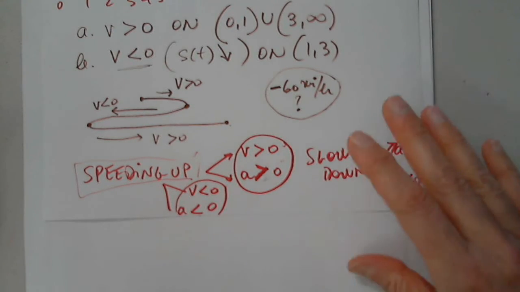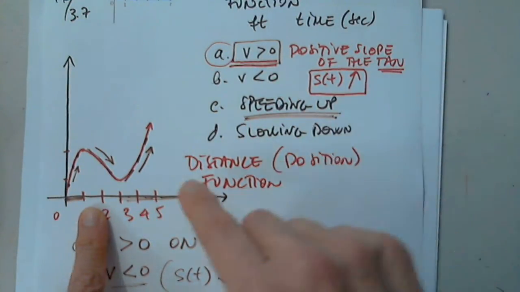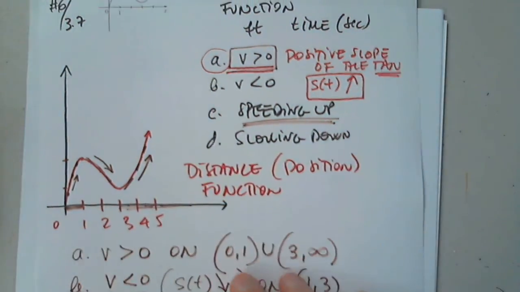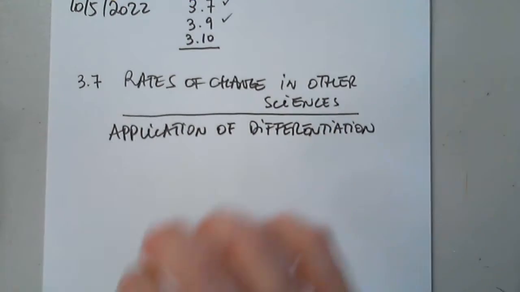Okay, so I'm going to copy this graph because I want to answer these two questions, but I don't want to put more stuff on this. So I'm going to copy the graph right here, and this is another graph that I want to go through.